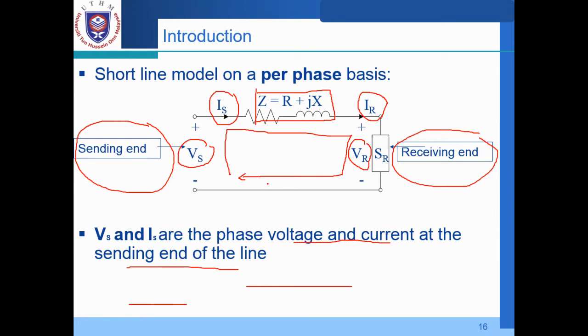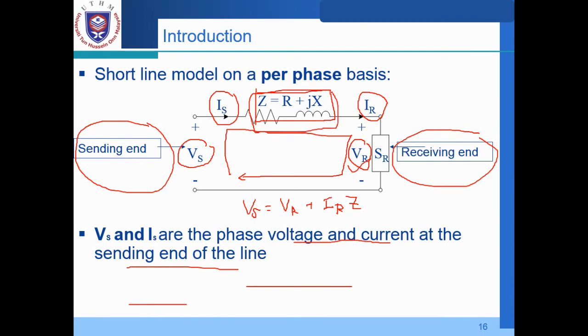So from here we can come up with an equation that V_S, if we try to apply KVL, is equal to V_R, plus I_R Z, the voltage drop at this impedance.